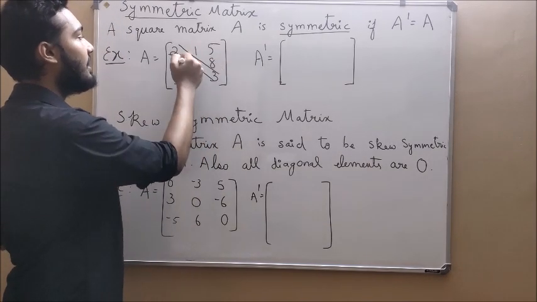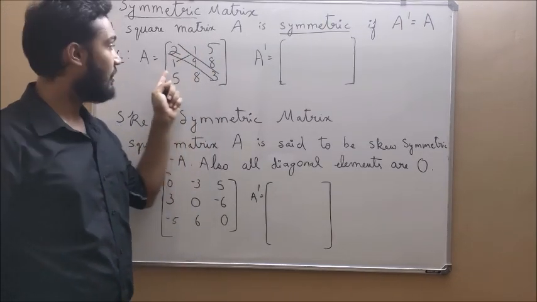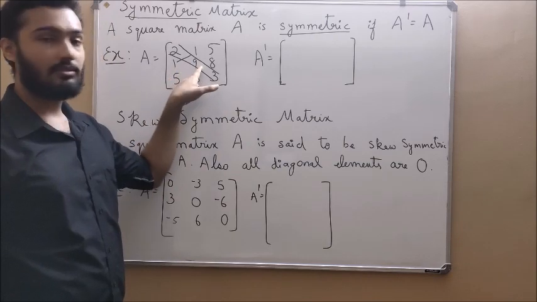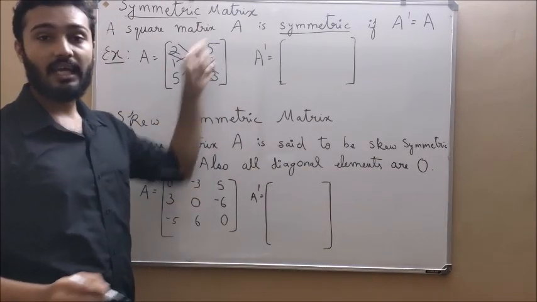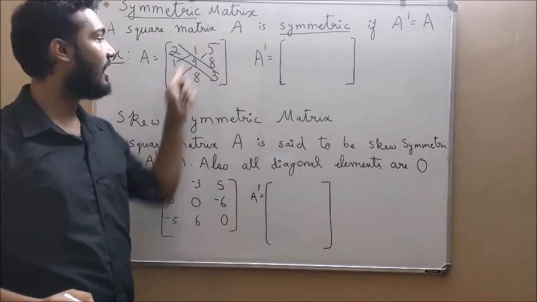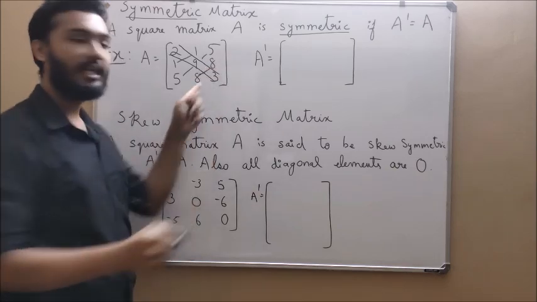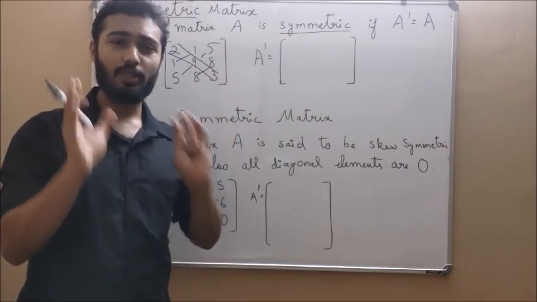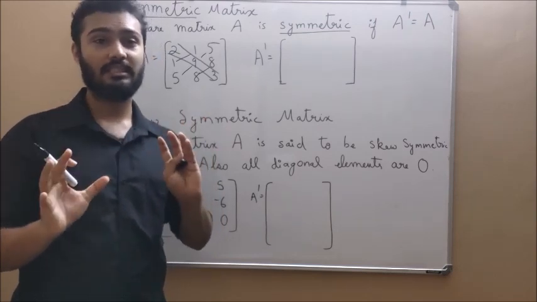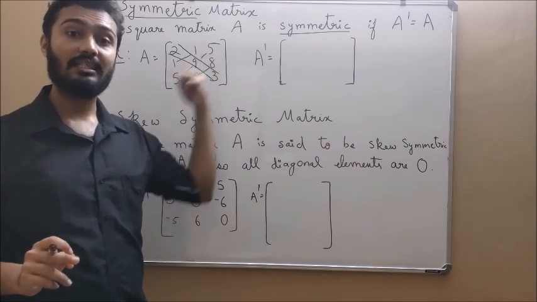The element on the opposite side is 1. They are equal. Next, 9. If you take 5, which is the element on the opposite side? 5. They are equal. Next, if you take 8, the element on the opposite side is 8. They are equal. So just by looking at a symmetric matrix, you can see that the elements on opposite sides of the diagonal are equal.